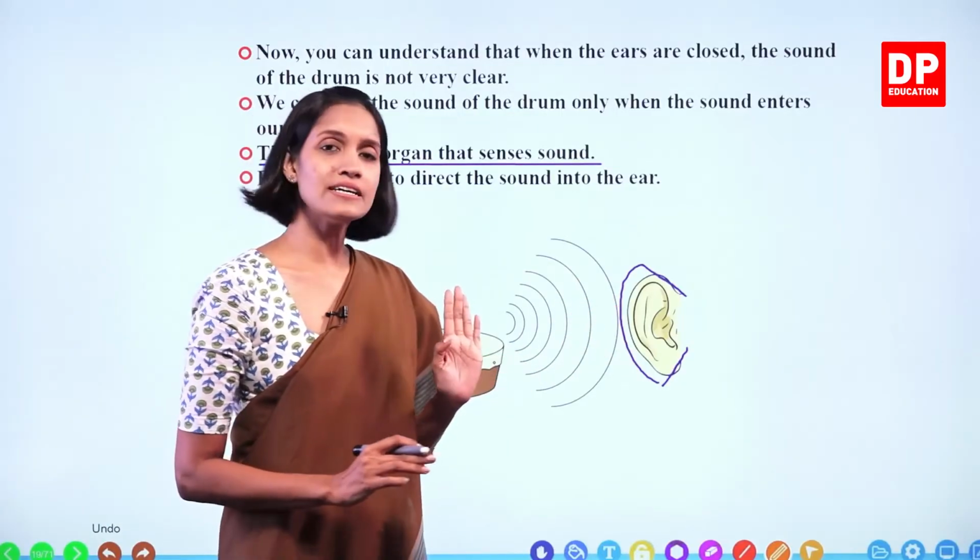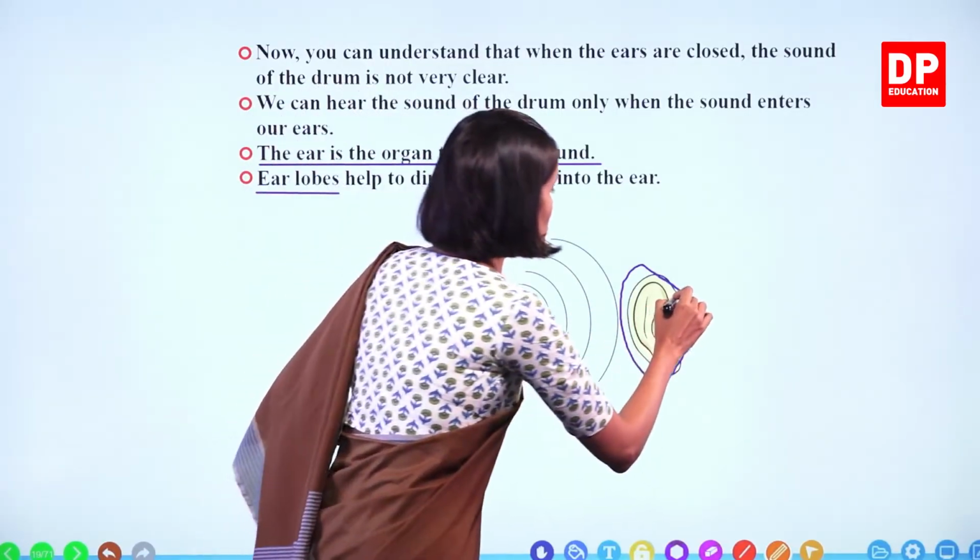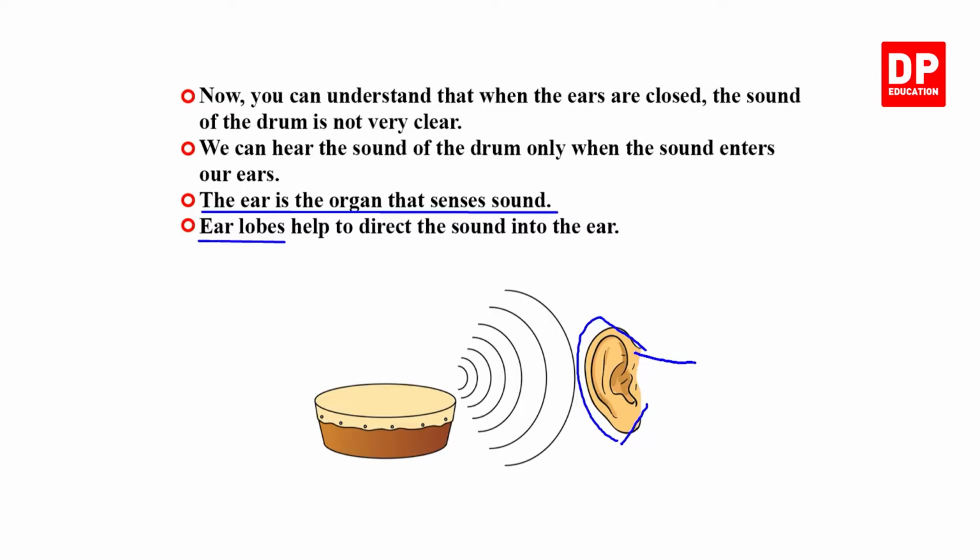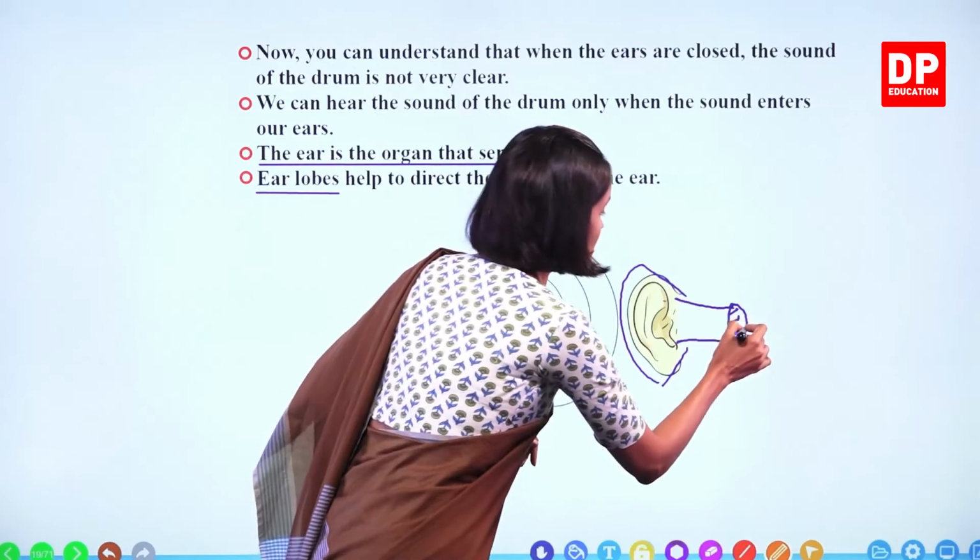So inside the ear, children, there is something called the eardrum, a tube-like part starting from your earlobe, and then you have your eardrum. So this is the eardrum.